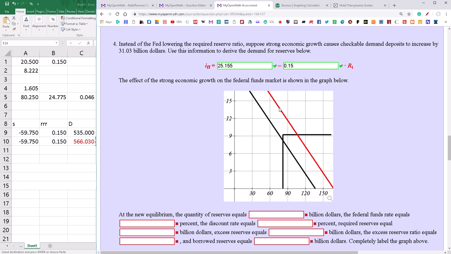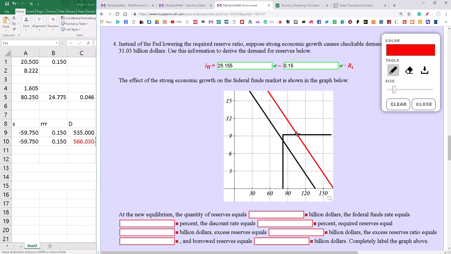Now, what does this increase in demand do? It shifts the demand for reserves up to the horizontal section of the supply curve, right? So we don't know this value of reserves.